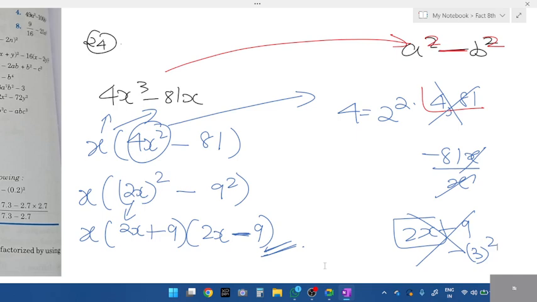Whoever has completed this, try the 25th question. Use the normal factorization.